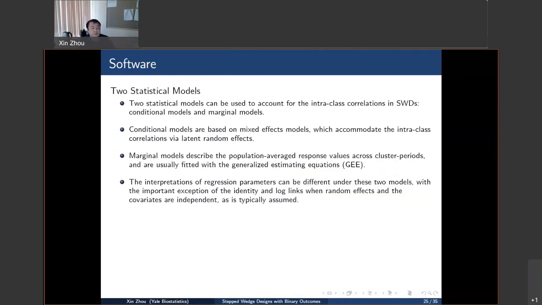The difference between these two models lies in the interpretation of the regression parameters. And when the outcome is continuous, these two models actually coincide. When the outcome is binary and the link function is logit, these two models are different, although the difference is small.